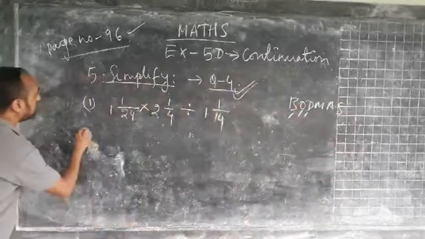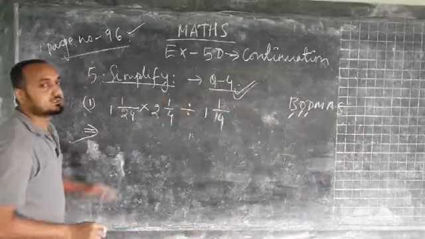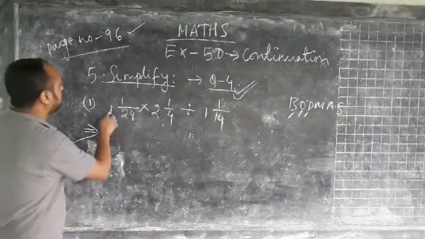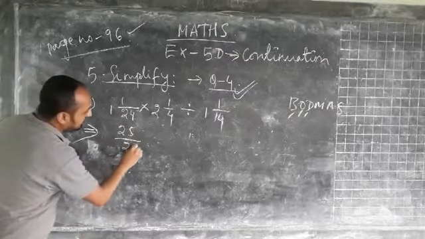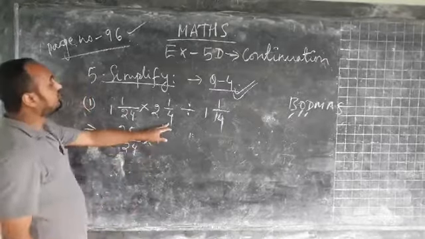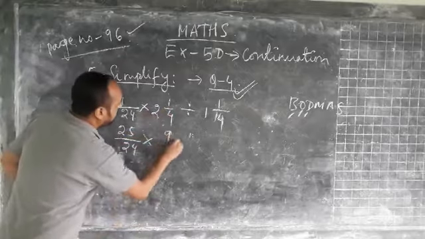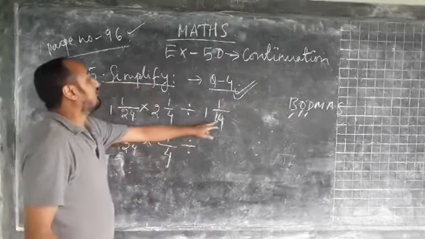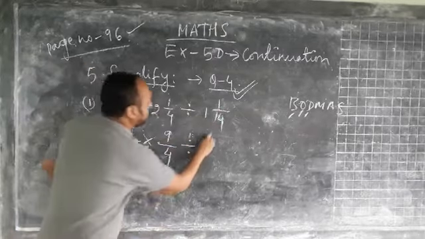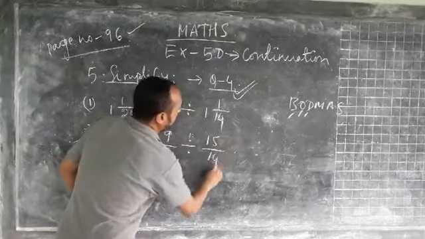So first step we will convert this one into simple fraction. So 24 1s are 24 plus 1, 25 by 24 into 4 2s are 8 plus 1, 9, 9 by 4 divided by 14 1s are 14 plus 1, 15, 15 by 14.